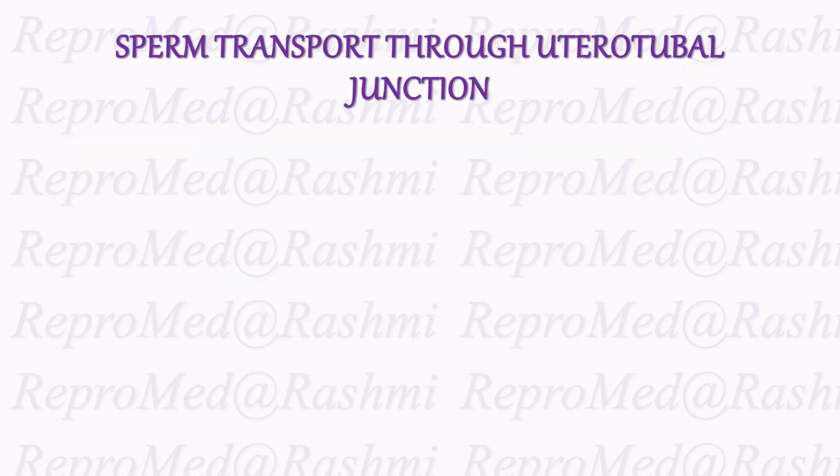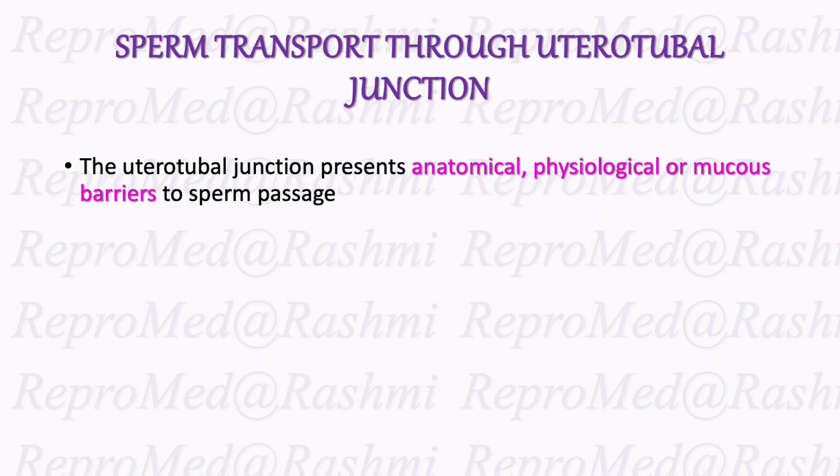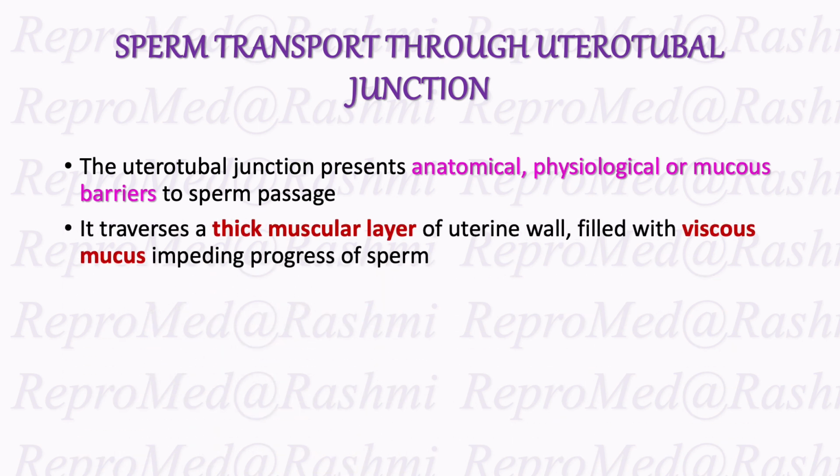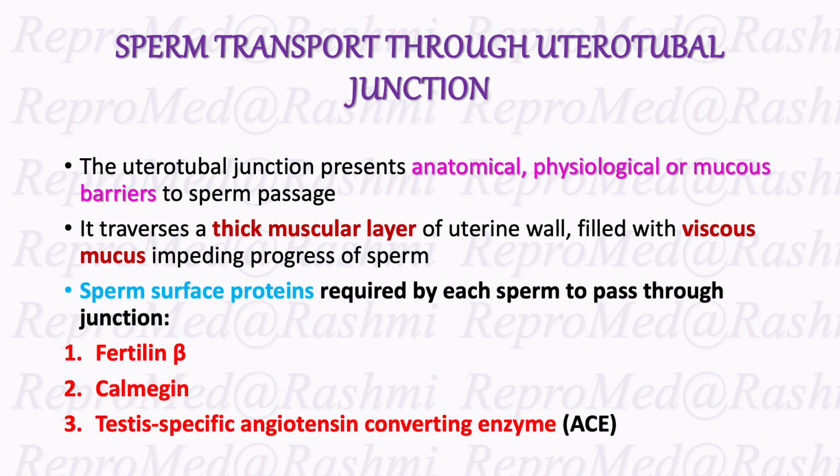Sperm transport through the uterotubal junction. The uterotubal junction presents an anatomical, physiological, or mucous barrier to sperm passage. It traverses a thick muscular layer of uterine wall filled with viscous mucus, impeding progress of sperm. Sperm surface proteins are required by each sperm to pass through the junction.